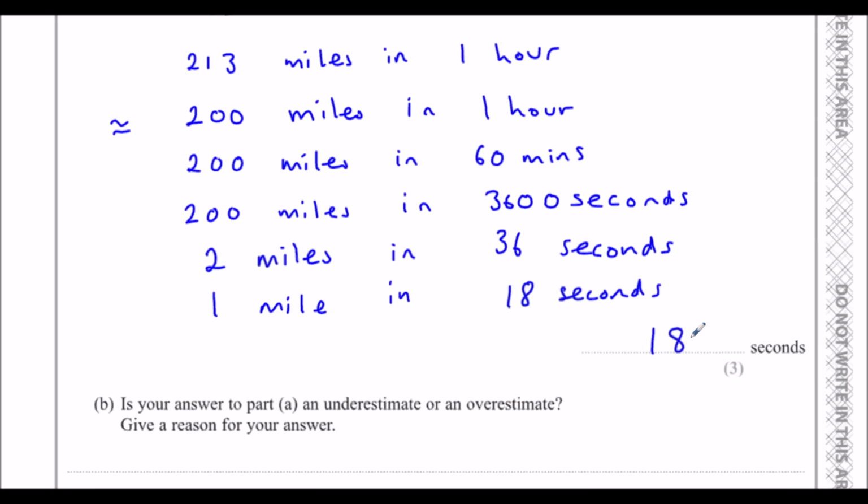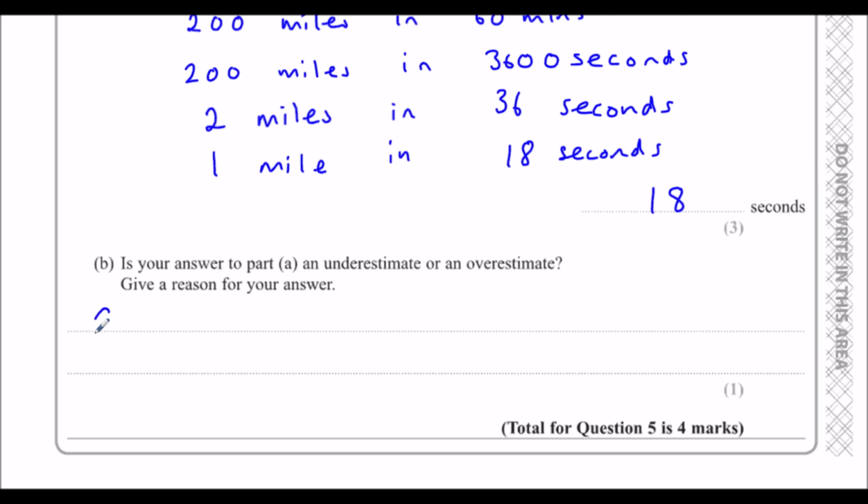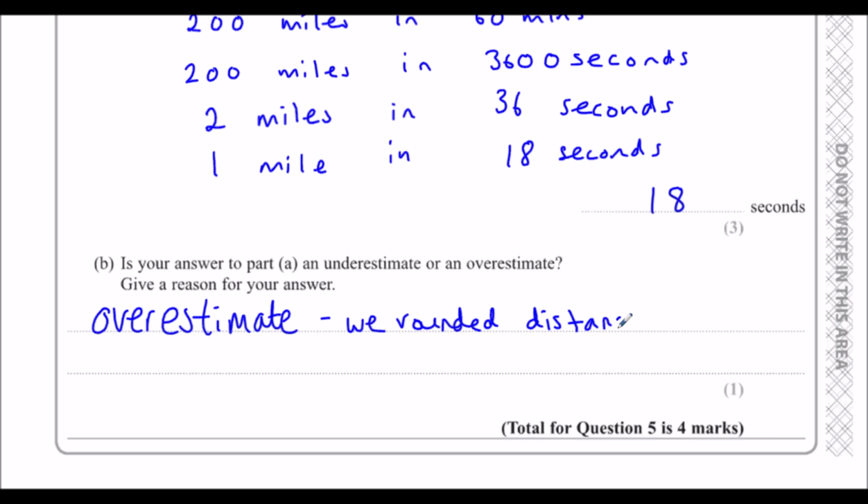So it's an overestimate. It's actually going to be less than 18 seconds, the real answer. So it's an overestimate. We rounded distance down, so the time would be less.